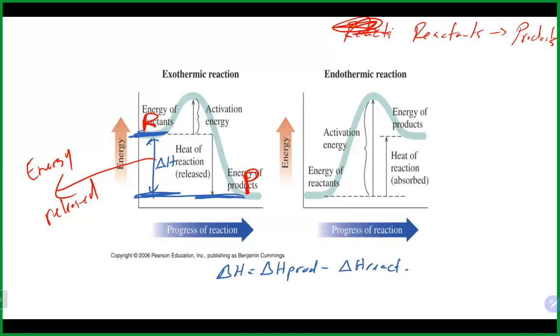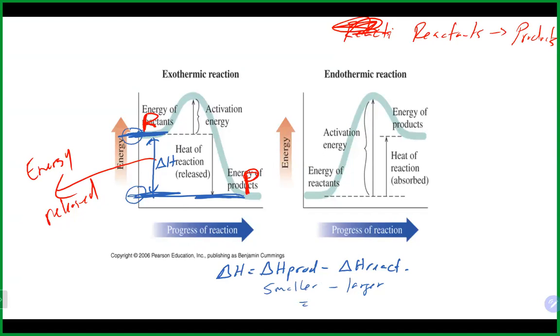In this particular case, if we look at where the energy of each of these are, the energy of our products is actually a lower number than the energy of our reactants. So when we take the products, which is a smaller number, minus the reactants, which is a larger number, what type of number do you end up with when you take a smaller number minus a larger number? You end up with a negative number, right?